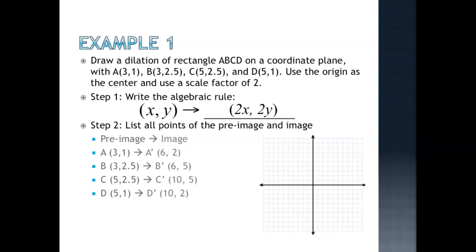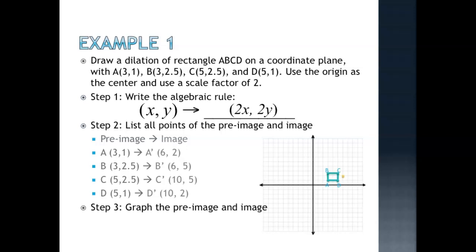All right, so now let's go ahead and graph both the pre-image and the image. So we have 3, 1, that's A, 3, 2.5, that's B, 5, 2.5, that's C, and 5, 1, that's D. So that is the pre-image, the original image. And now we'll draw the image after the dilation.